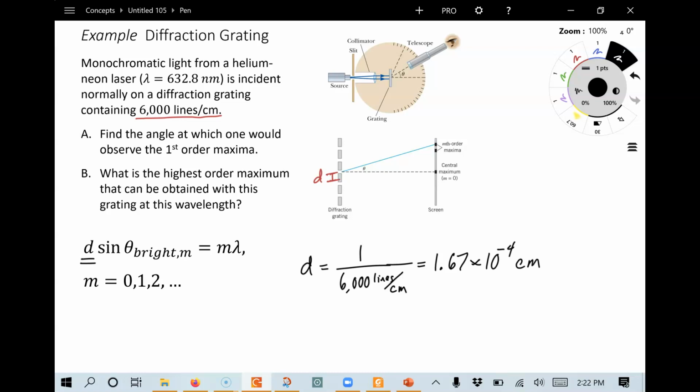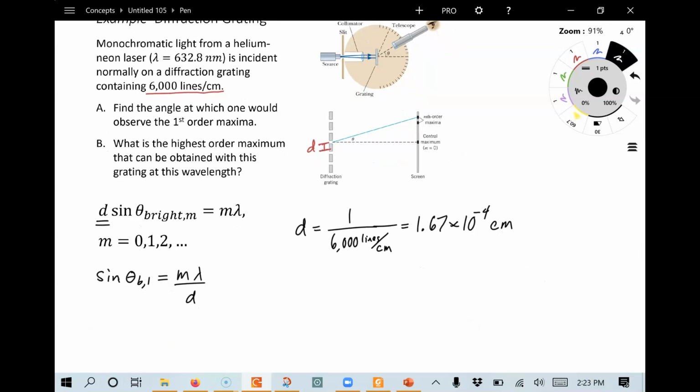Now we can use this to figure out what the angle is here. So using the equation, let's write this as sine theta b1 is equal to m lambda over d. We want to calculate what the angle is, so theta b1 is equal to sine inverse.